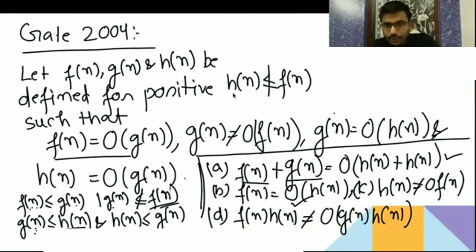Is it clear? In place of Fn you can write Gn because both are the same. This condition is true only. They have written Gn is not greater than. Anyone having any doubt? It is true only. Gn is not greater than Fn. In place of Hn you can write Gn. Both are greater than or equal. So this is true only.